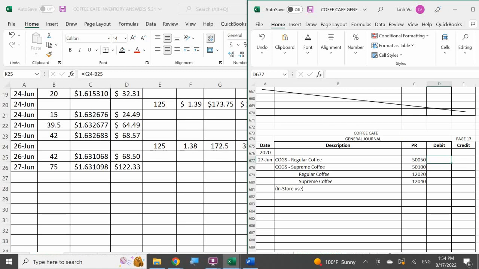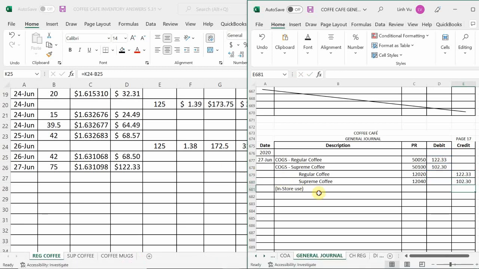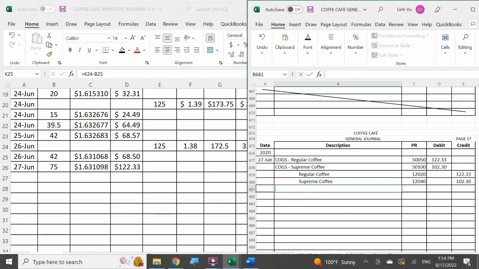So we go back to the journal, and now we can fill the cost of goods. And then we go general ledgers.